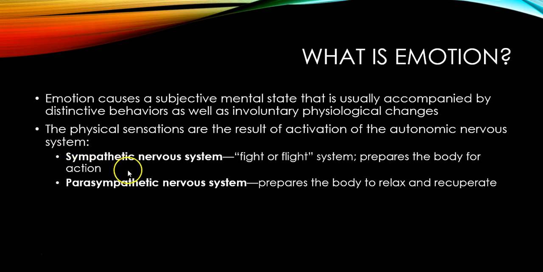The sympathetic nervous system, that's your fight or flight system, preparing the body for action, doing those things that I talked about, perhaps when you're angry or scared, of your heart beating fast and your breathing coming quicker. And then the parasympathetic nervous system, the kind of opposite division, which prepares your body to relax and recuperate. And so typically we're in this parasympathetic mode, and then when we're having a strong emotion, the sympathetic nervous system kicks in.